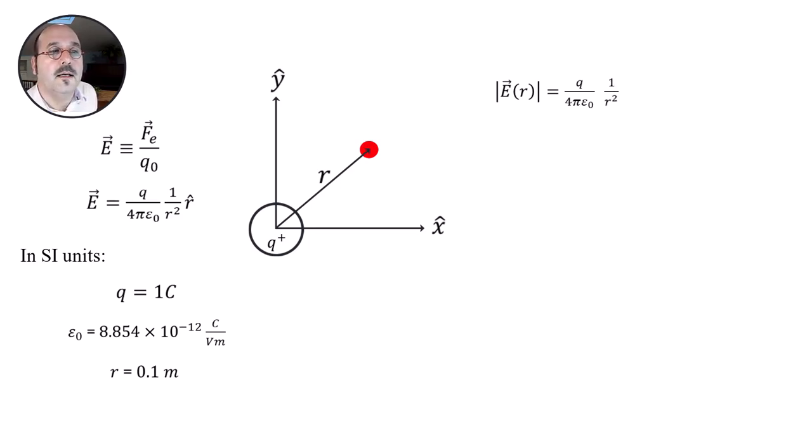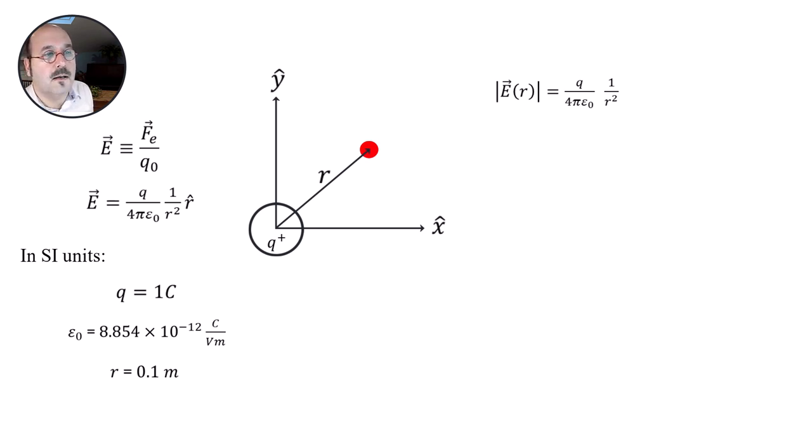Now here's the key. I said magnitude of this, which means now you no longer see a reference to the r hat vector. We'll calculate this as a magnitude first, and we can come back and add the vector quantity to it as well. So let's rewrite this with the actual numbers now.